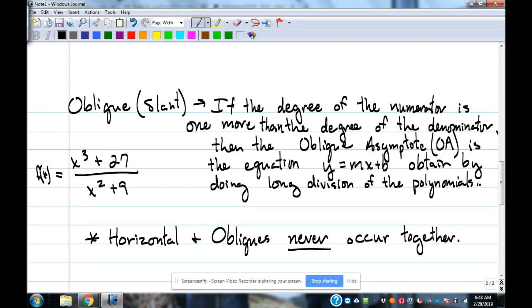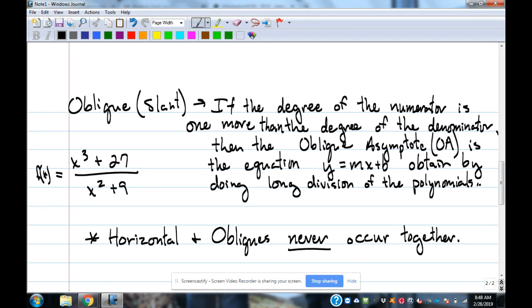Horizontals and obliques never occur together, ever. The rules are different for them to exist, right? So none of the rules overlap. Okay, so if you've got a horizontal asymptote, you don't have to look for an oblique asymptote. If you got an oblique asymptote, you shouldn't be looking for horizontal asymptotes. They don't occur together in rational functions.